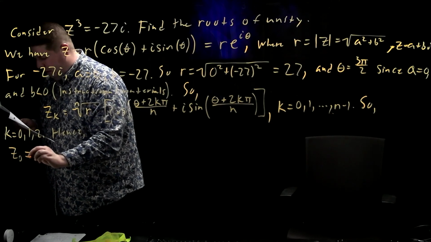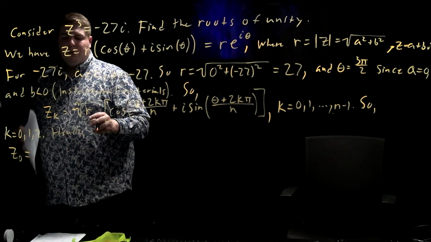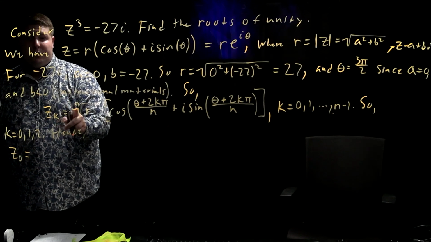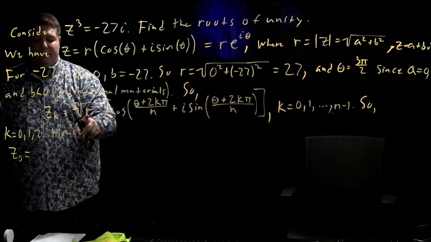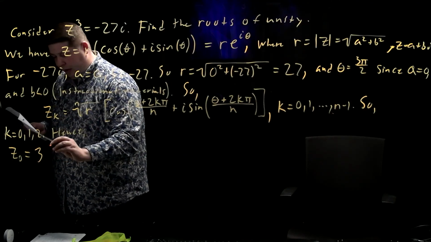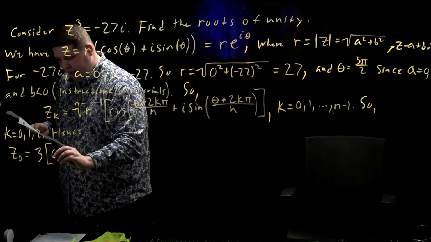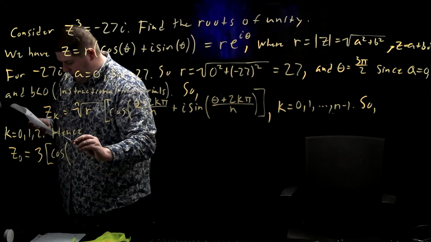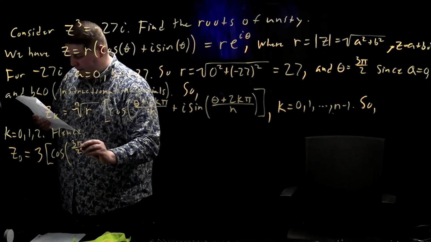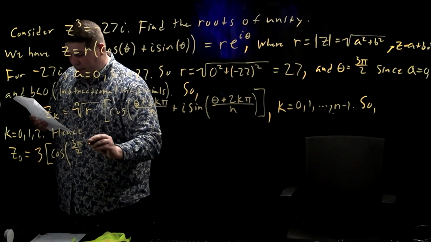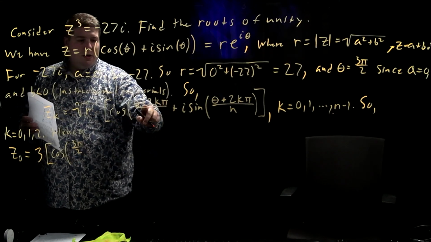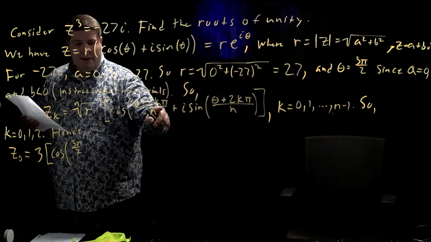Hence, these are our official solutions, okay? z sub 0 is equal to, so that's the nth root, so that's 3, the cube root of r, which is 27. The cube root of 27 is 3, so this is going to be 3 times cosine of 3 pi over 2, because that's our theta, plus 2k pi, right?